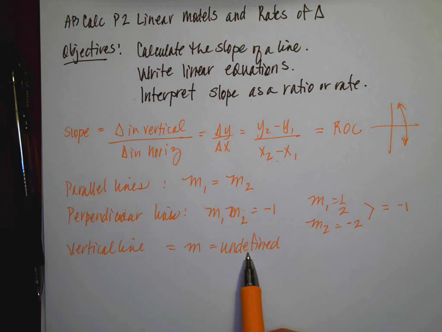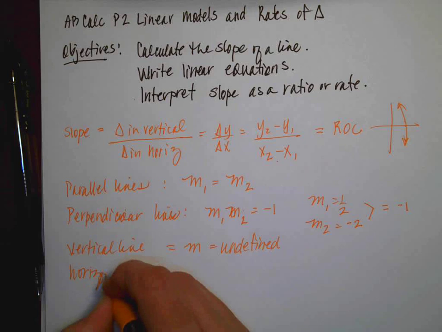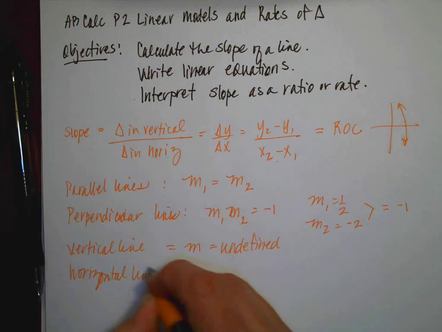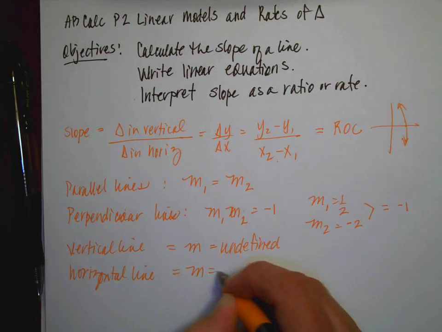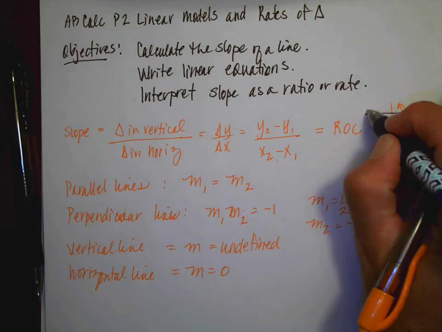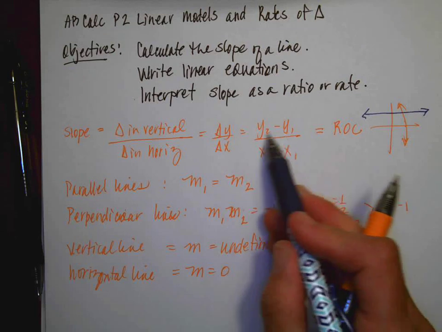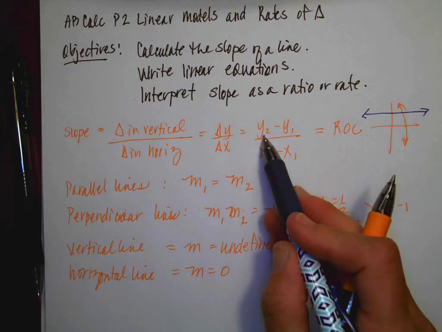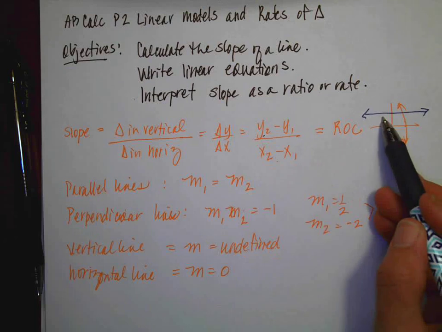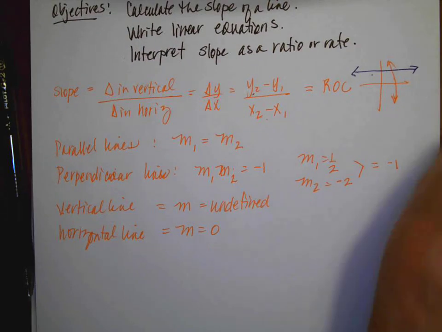So the slope of a vertical line is undefined, and then if I have a horizontal line, then the slope is equal to 0, and that would be this guy. And if you think about that again in terms of our formula, that means that the y values aren't changing, and that means that the slope of a horizontal line is 0. All right.